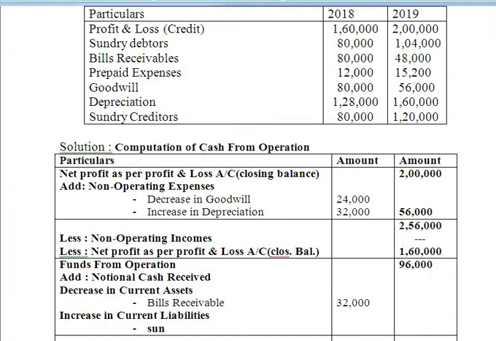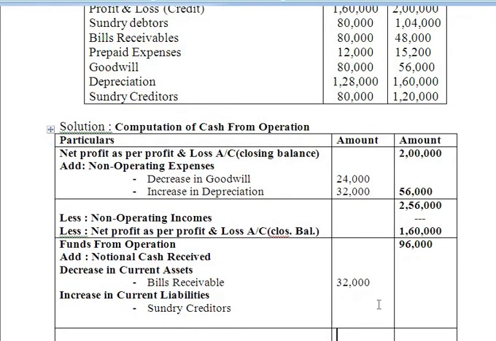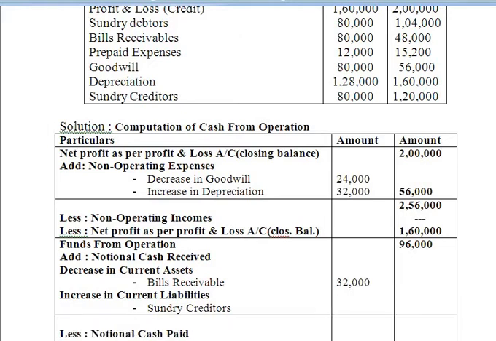So when you receive the raw materials from the suppliers, your current asset increases and the amount of sundry creditors also increases, and that is the reason it is considered as notional cash received.